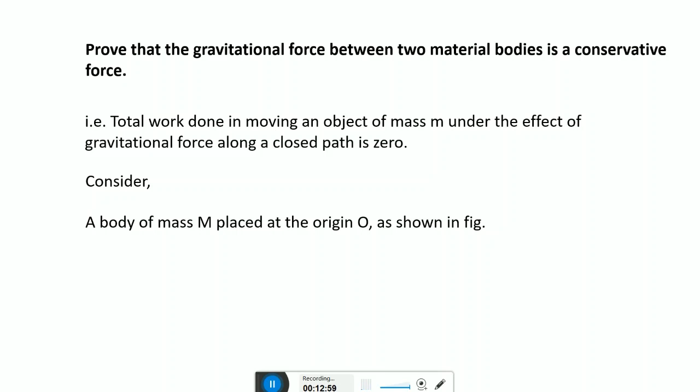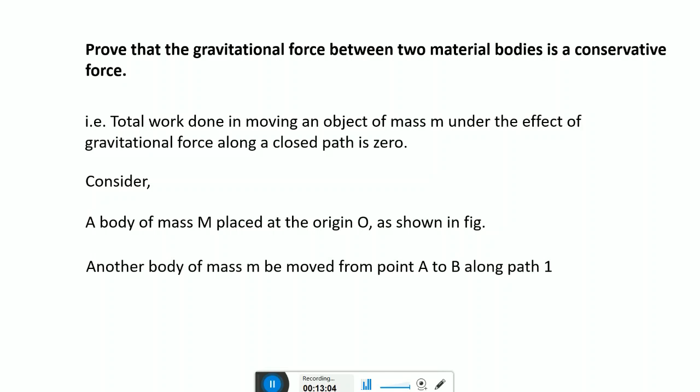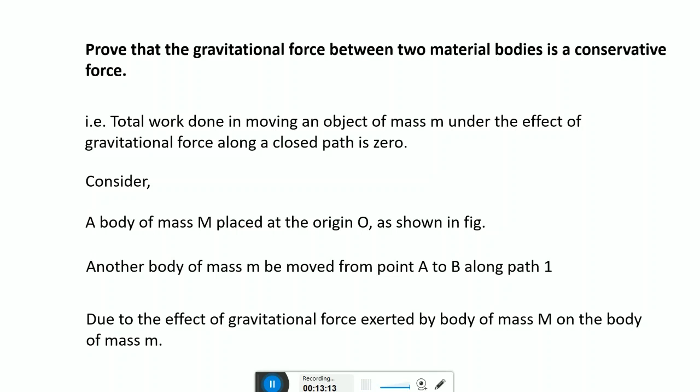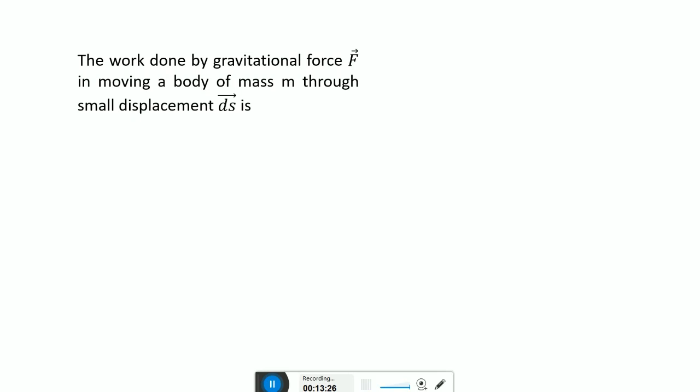So let us draw the diagram. Another body of mass small m be moved from point A to point B along path 1, due to the effect of gravitational force exerted by body of mass capital M on the body of mass small m. So let us first calculate the work done by gravitational force F in moving a body of mass small m through small displacement ds.